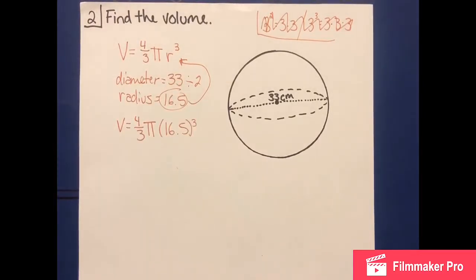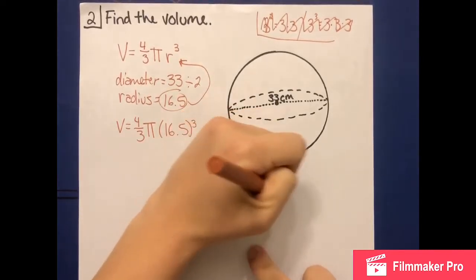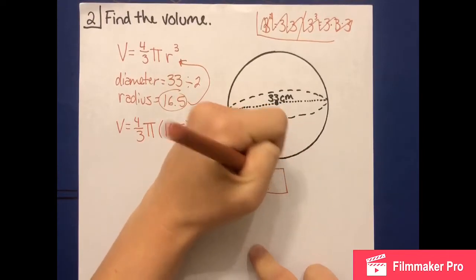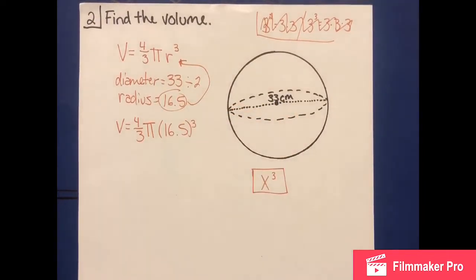Okay? Go to your calculator. I know some of you have graphing calculators. If you have the graphing calculator, you just hit the one that says x cubed. It's the same thing in this case for the actual foam calculator.